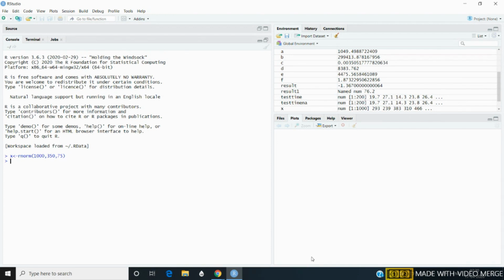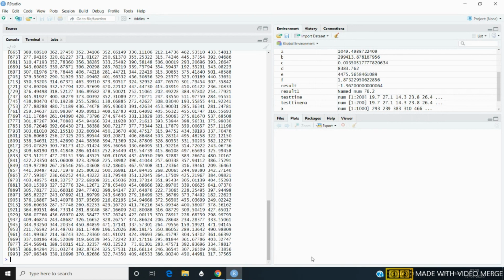Now let's check what these random numbers are. So I will write x and hit enter. These are the thousand random numbers generated by the random number function.